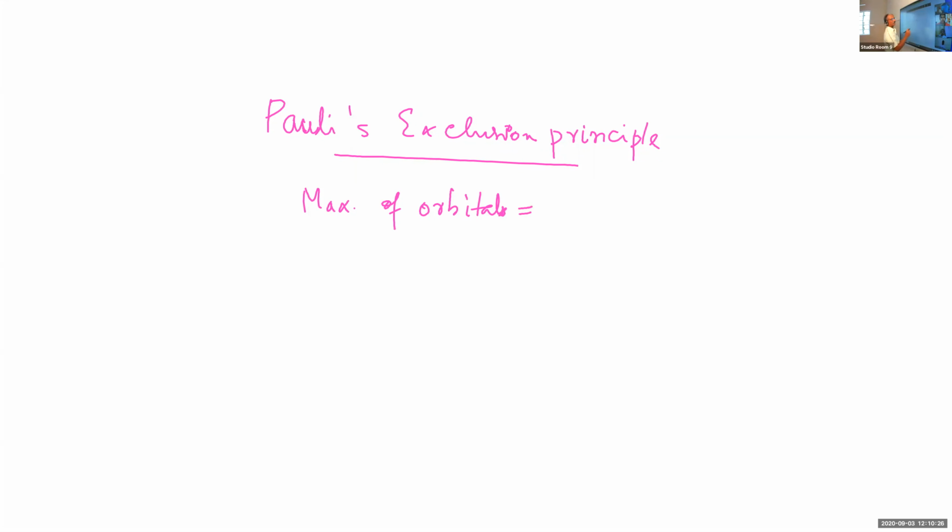What is the maximum number of electrons possible? 2. That is equal to 2. Maximum 2 electrons are possible in an orbital.